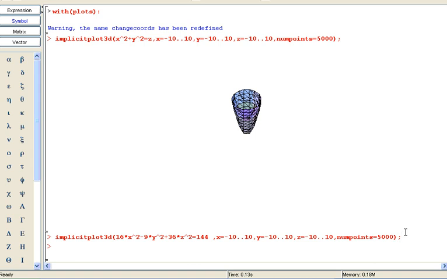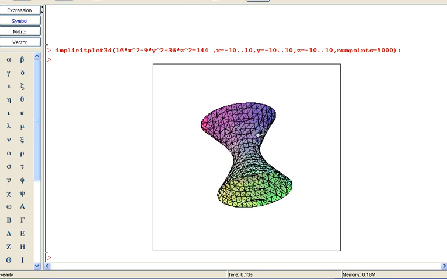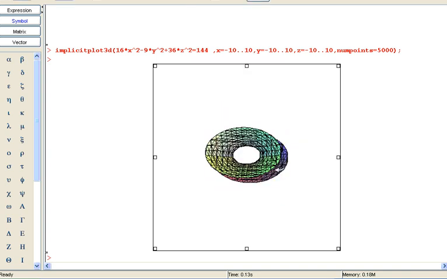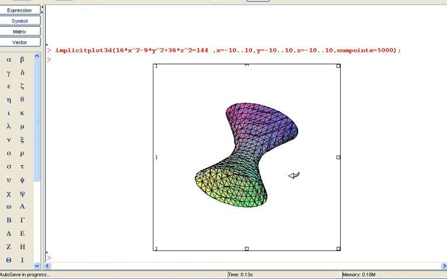I've typed it in. Again, I use the command implicitplot3d, and remember you have to use with(plots) to start. And here we have, as you can see, I have a hard time saying these words, hyperboloid of one sheet. And if you turn it around, you can see the ellipses, and you can see the two hyperbolas, the traces.